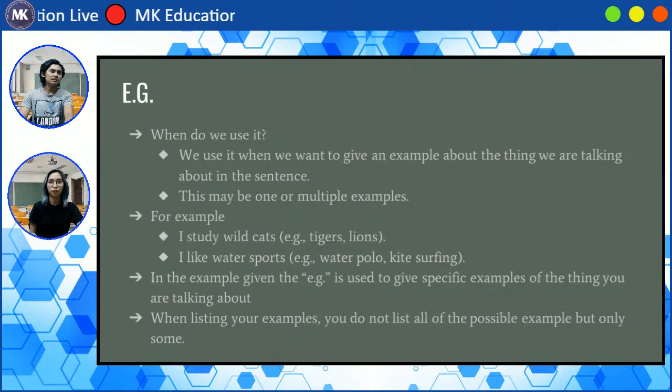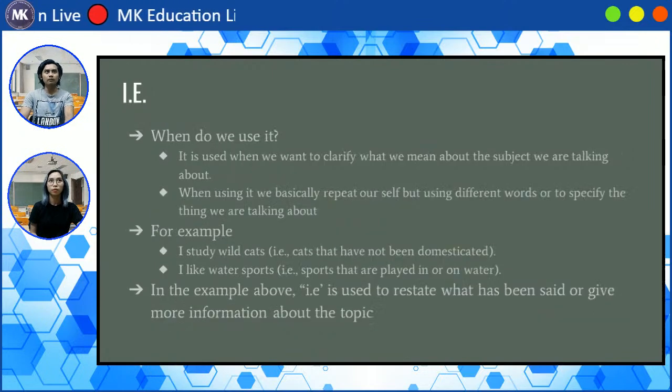Okay, so in the examples given, the e.g. is used to give specific examples of the thing you are talking about. And to reiterate, when listing your examples, you don't list all the possible examples, but only some of them.